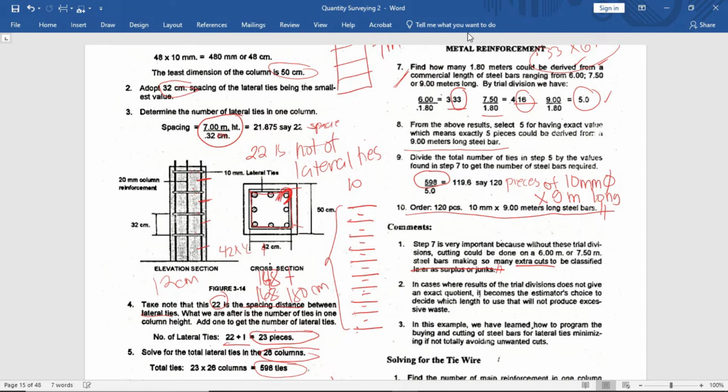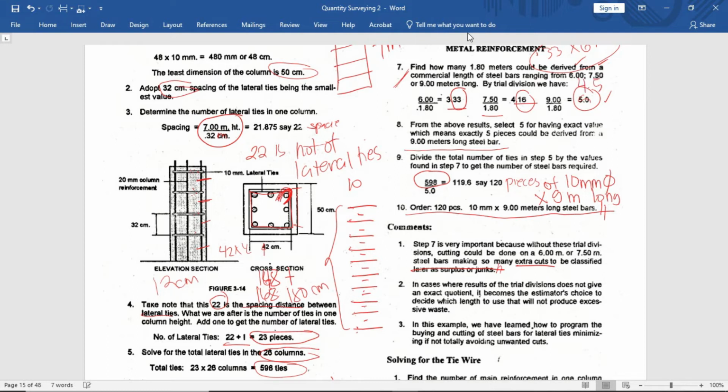In cases where the trial divisions do not give an exact quotient, it becomes the estimator's choice to decide which length to use that will not produce excessive waste. For example, lumabas dito ay 3.33, 4.16 dito. Tapos dito, for example, lumabas na 4.5.